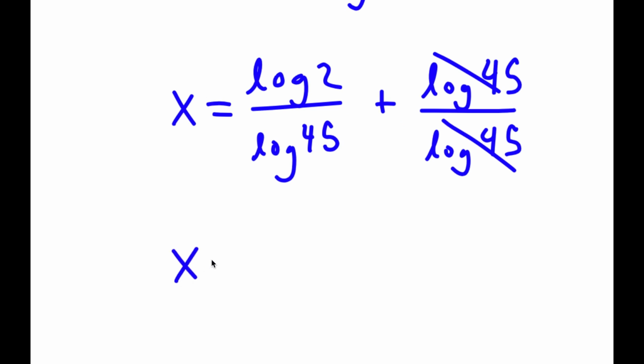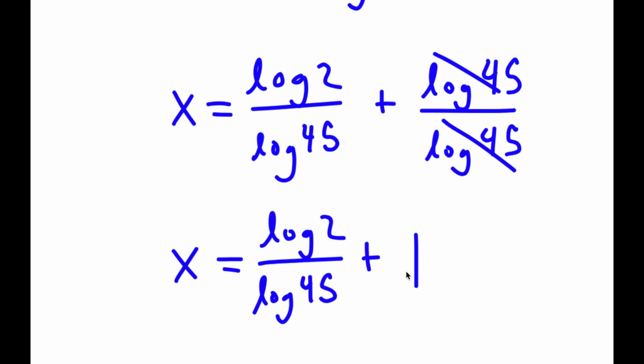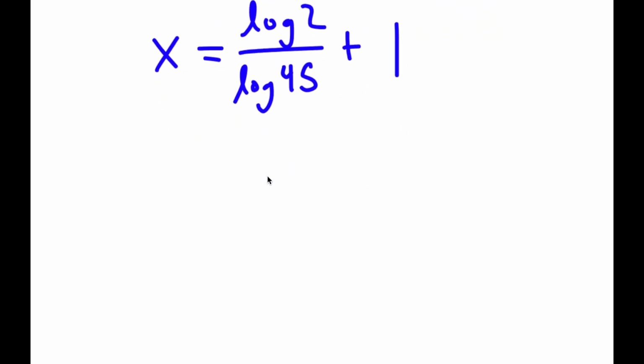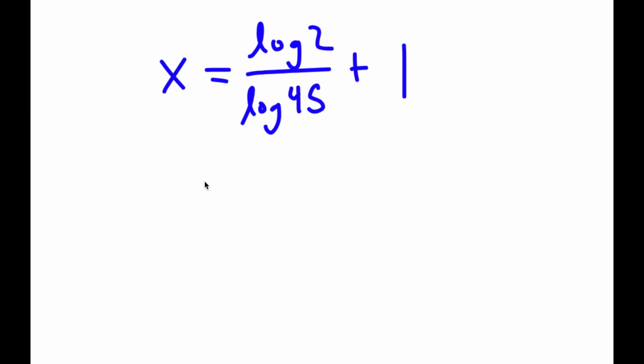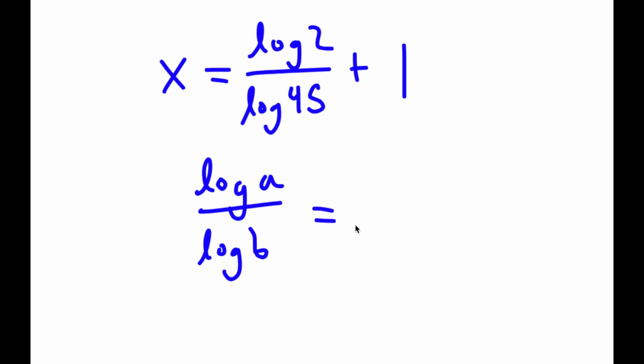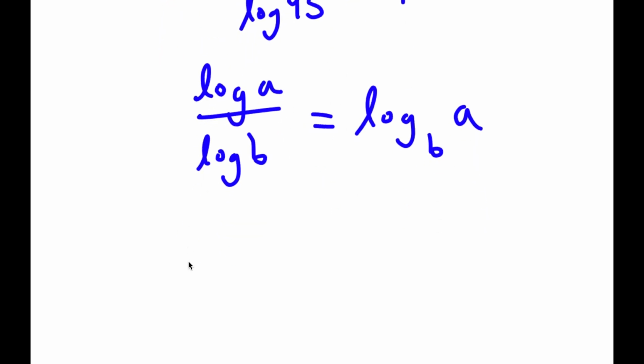So now I have x is equal to log 2 over log 45 plus 1. And if I have something in the form log a over log b, I can write this as log base b of a. So log 2 over log 45, that's the same thing as log base 45 of 2, and I have this plus 1.